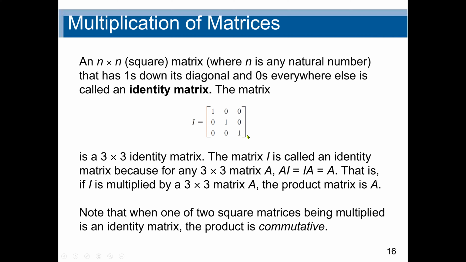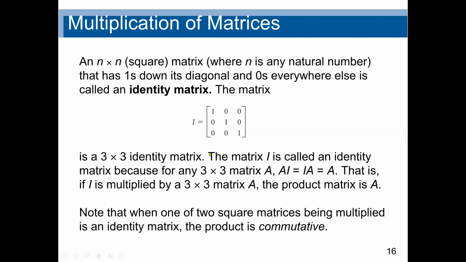If the rows and columns are not the same, you may not get an even diagonal. So this is the identity matrix. The values in the diagonal are 1, 1, 1, and the rest are 0. So here we say an n by n square matrix, where n is any natural number, that has ones down its diagonal and 0 everywhere else is called the identity matrix.